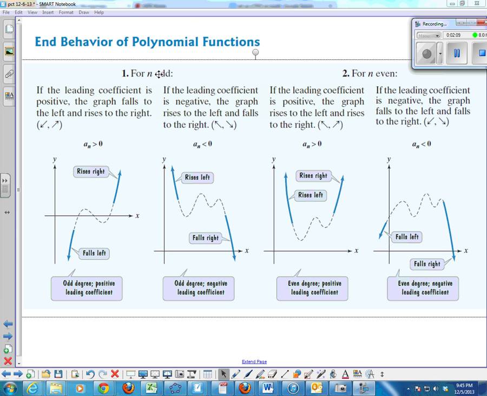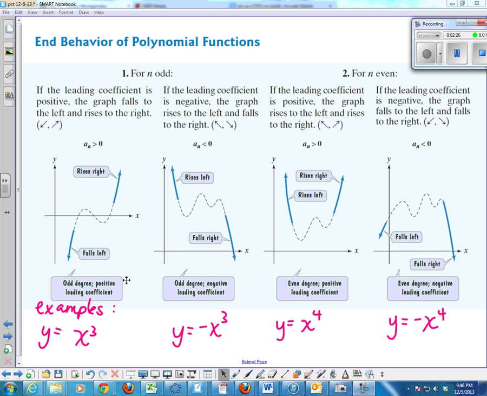Next, we want to talk about the end behavior of polynomial function graphs. So if you have a graph where the polynomial's highest power, the degree, is odd, so here n is odd, both of these cases mean the highest power on x is odd, then the graph has end behavior where one end is down and one end is up.